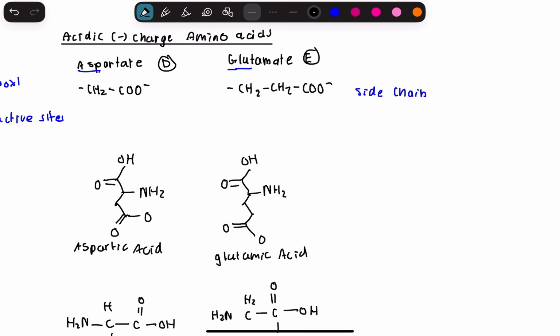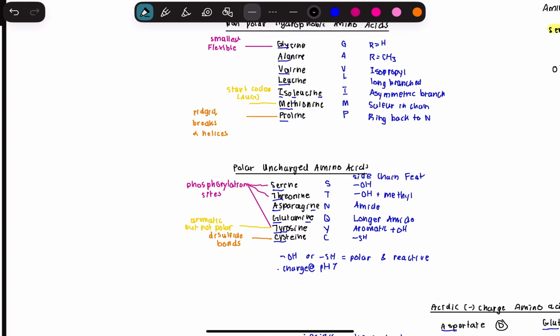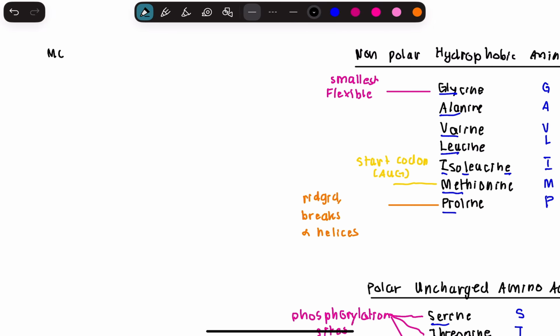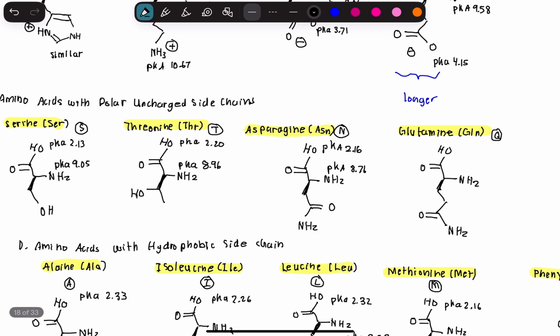Now, we also have, for our most nonpolar and most hydrophobic, that was our isoleucine.